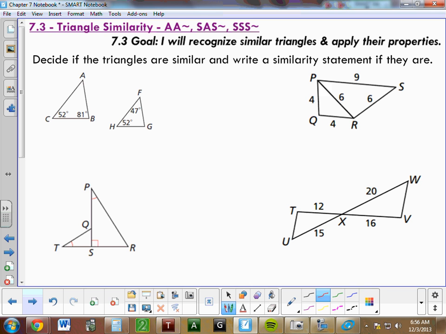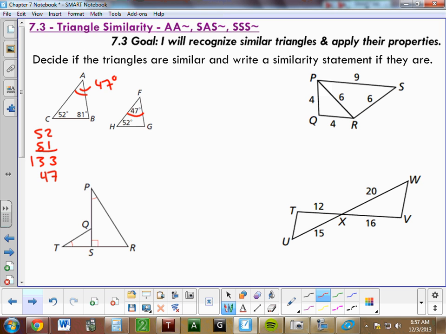For this first example up on the top left, if you got the last angle right here, angle A, if I did 52 and 81, I get 133, which means the remainder would be 47. So this angle is 47 degrees. And at this point, I can already say that they're similar by angle, angle.